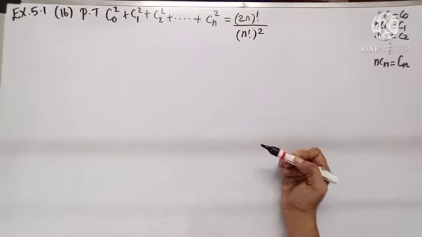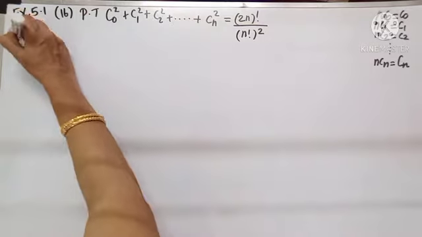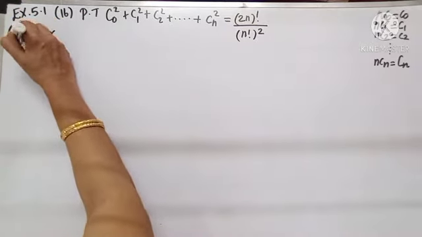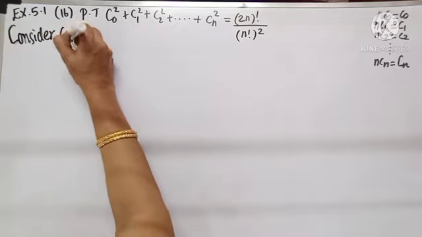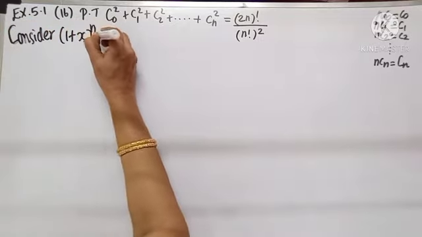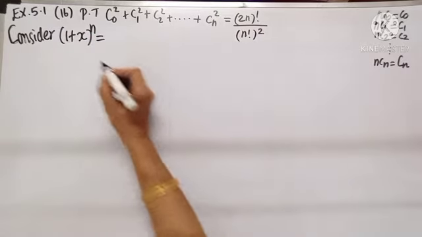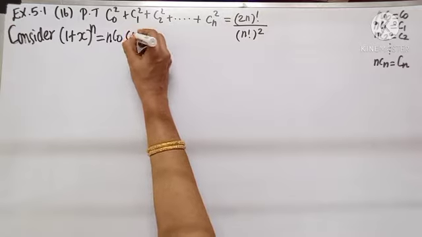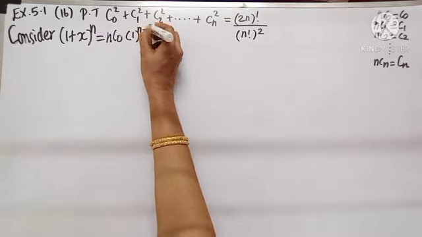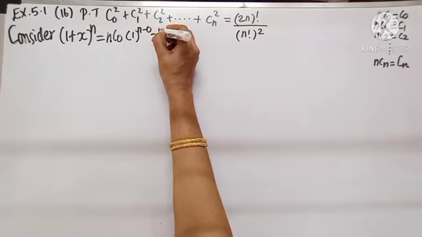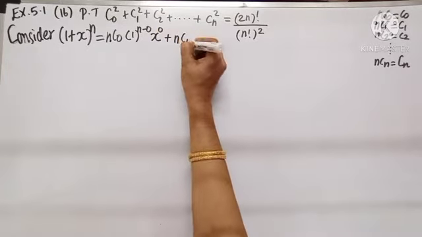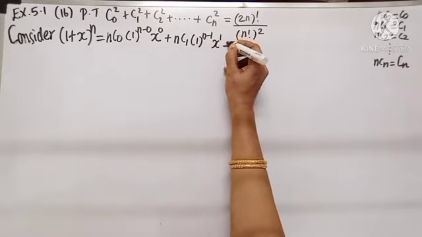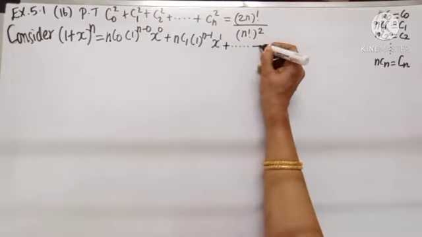This prompts us to consider (1 plus x) the whole power n. How am I to write it? nC0 1 power n minus 0 x power 0, nC1 1 power n minus 1 x power 1 and so on.